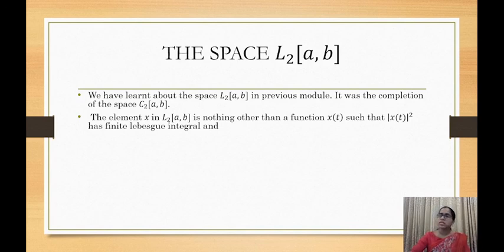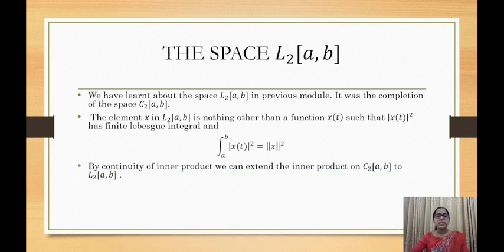We had learned about Lebesgue integration in measure theory. The elements are functions whose modulus square has a finite Lebesgue integral, that is, the integral of |x(t)|² is less than infinity. Now, what is the type of norm that we had defined? It is the integral from a to b of |x(t)|² equal to the norm of x squared. That was the norm we had defined in L2 of [a,b].